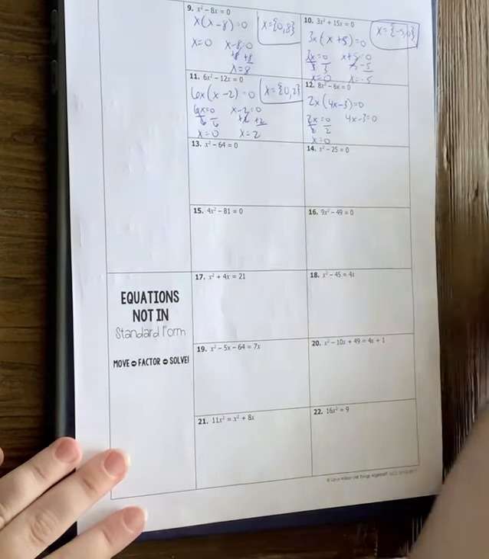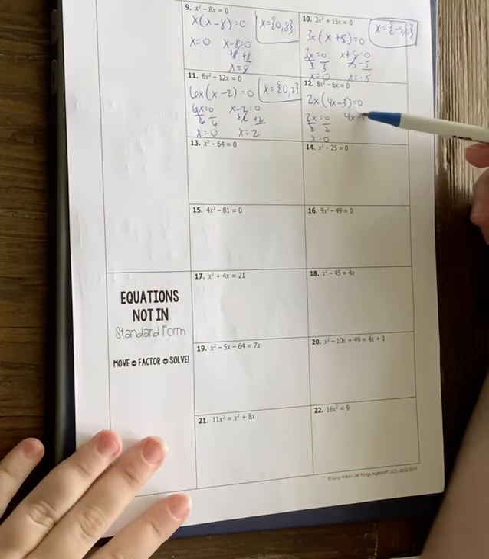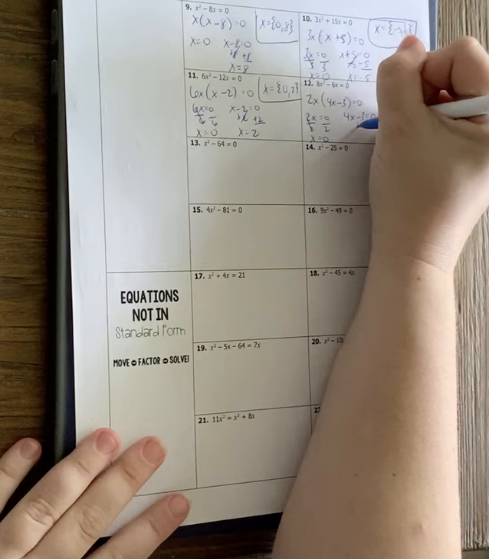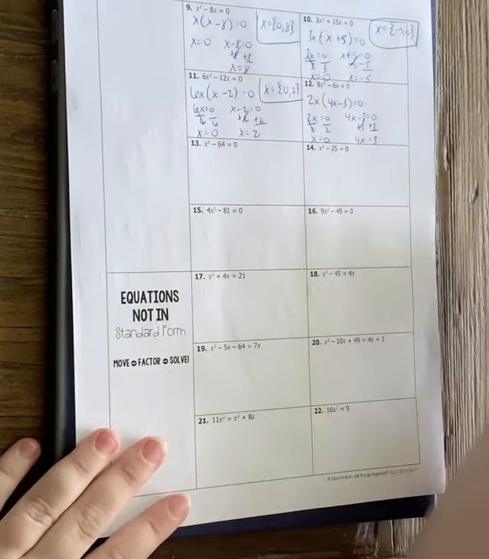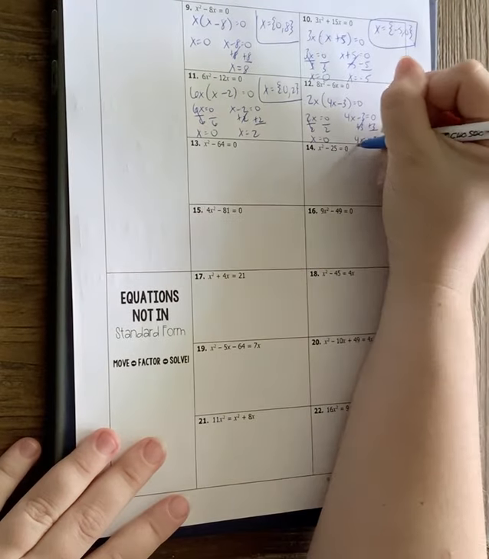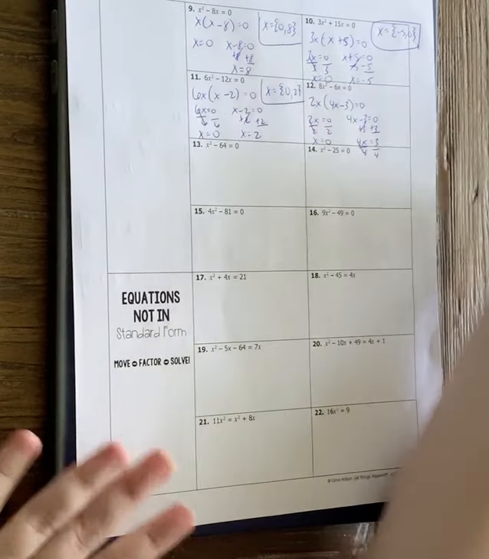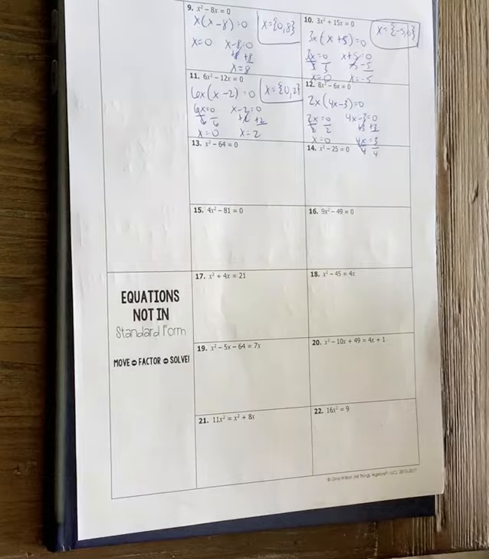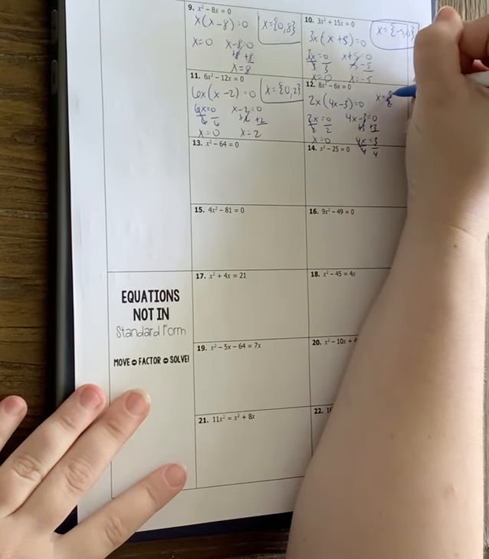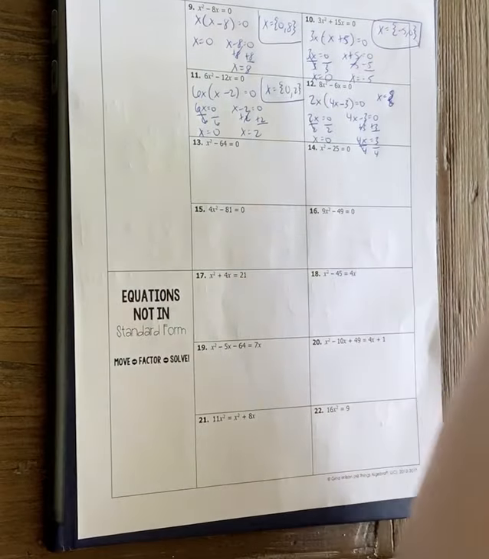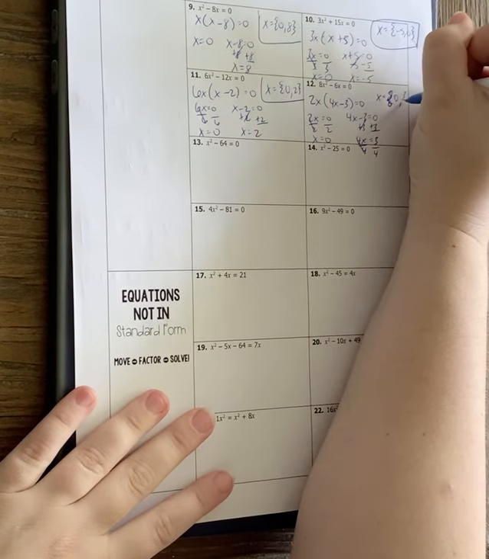So x equals 0. The next one, first we would have to add 3 over. So we have 4x equals 3. Then to get x by itself, you'd have to divide both sides by 4. So we have 3/4. So 0 and 3/4 are going to be our roots. Okay, so they don't always have to be a whole number. You could have a fraction at times as well.